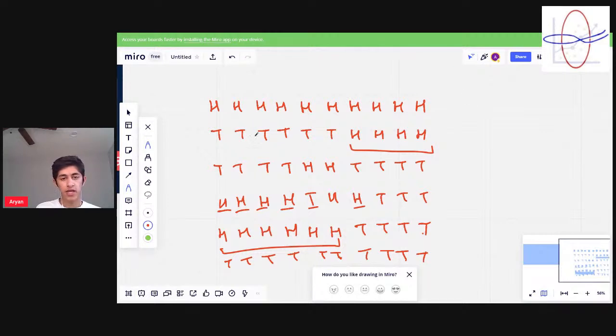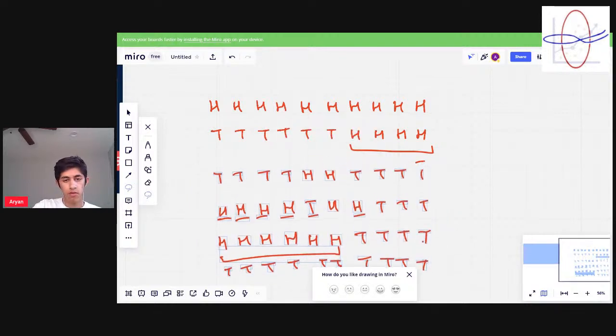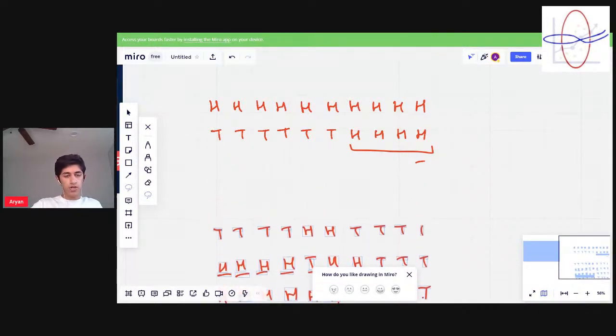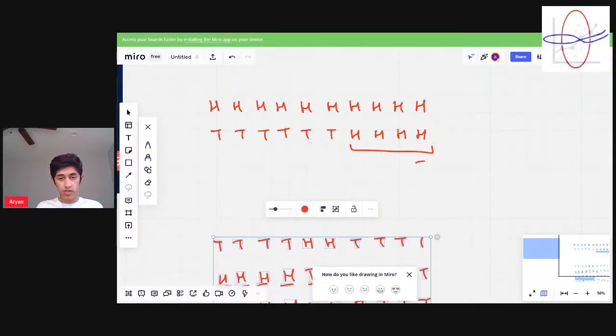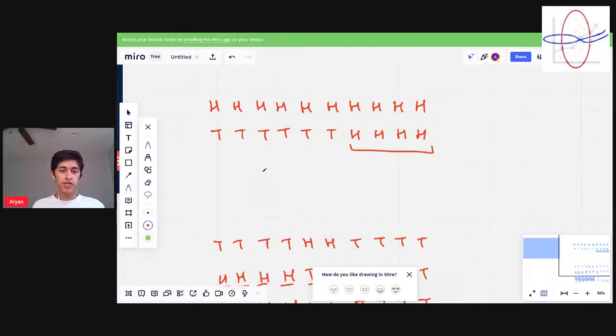So say you have your 10 heads. The first move will stay the same, 6 tails and 4 heads. Now what we want to do is, instead of changing all of the heads to tails, let's just move this down and make some space for ourselves. So our first move will always stay the same, right? But now, instead of changing the 4 heads, what we can choose to do is only change 2 of the heads.